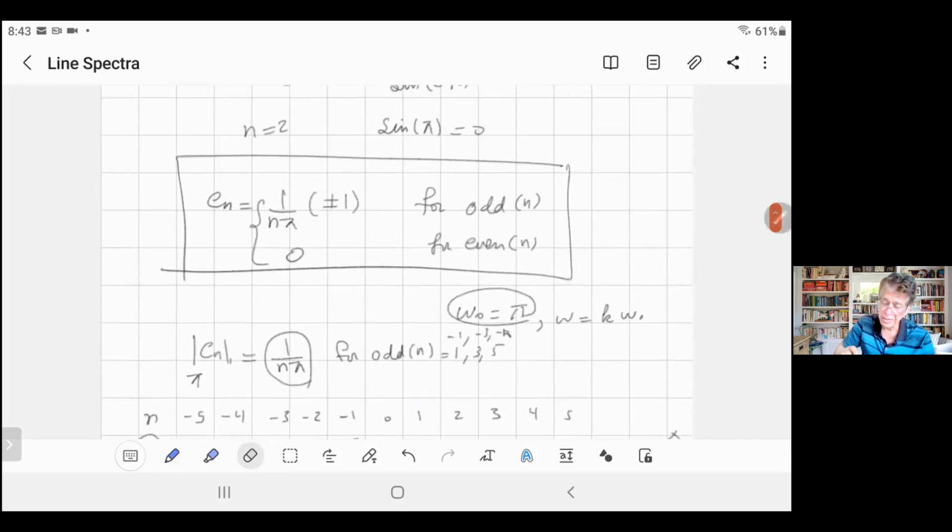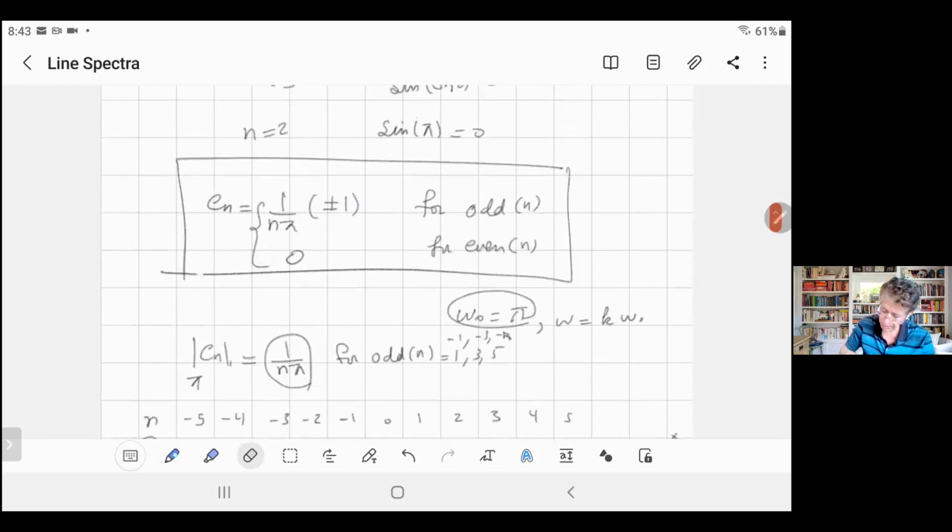You see? That's Ck. What does it mean when Cn could equal positive 1 over n pi, and Cn could be negative 1 over n pi? It's the same magnitude, but one time positive, one time negative.